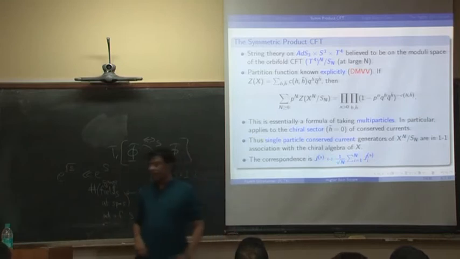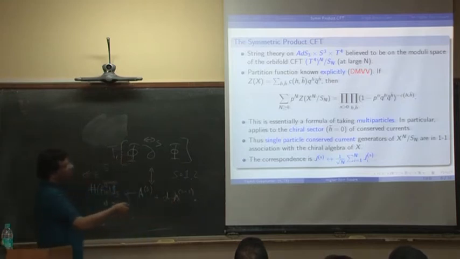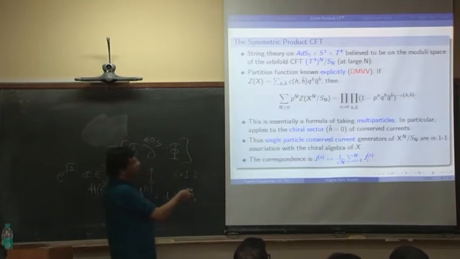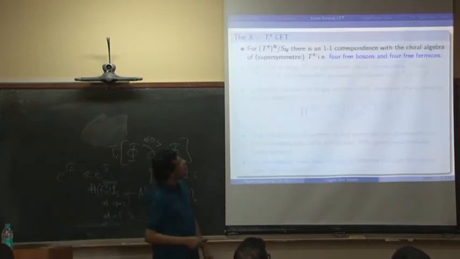This will be a single particle conserved current of the symmetric product. So basically, given any element of the chiral algebra of X, you can find a single particle conserved current of this symmetric product.